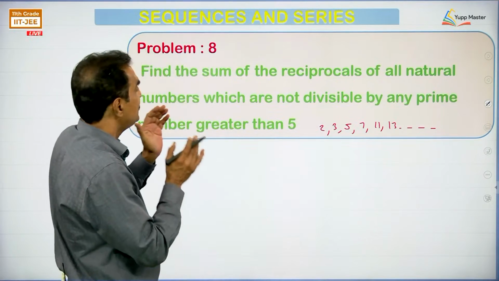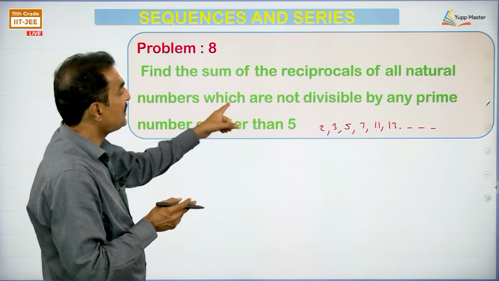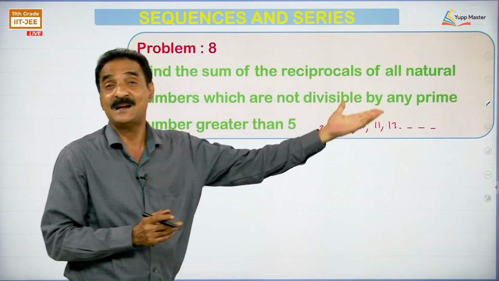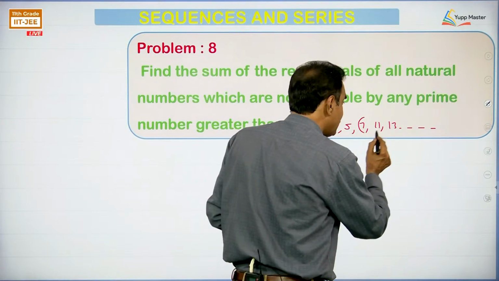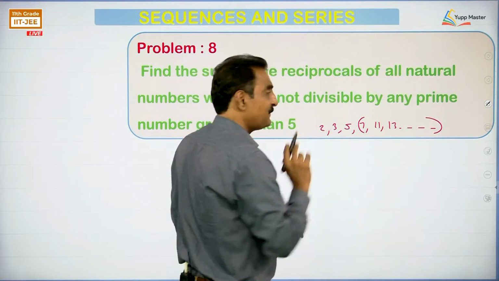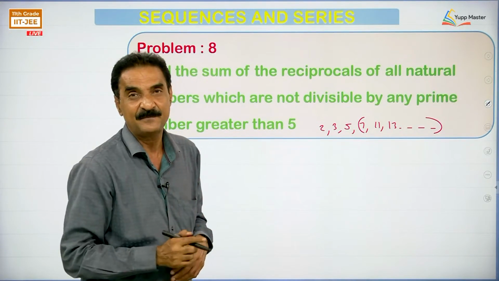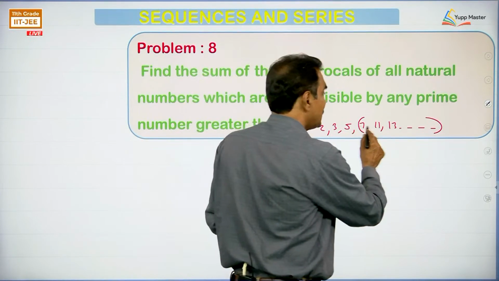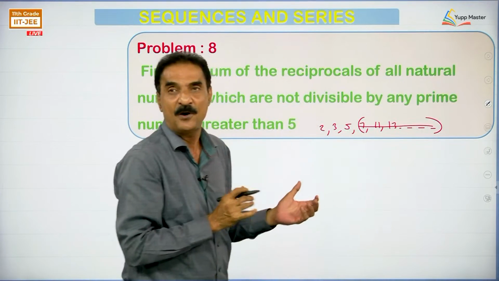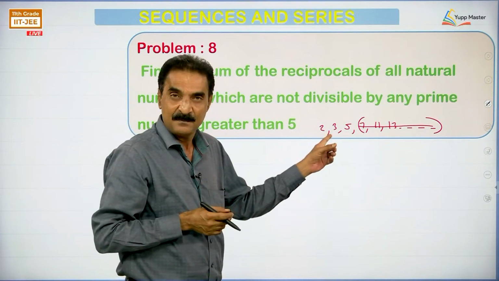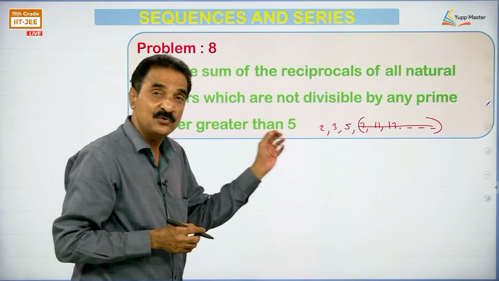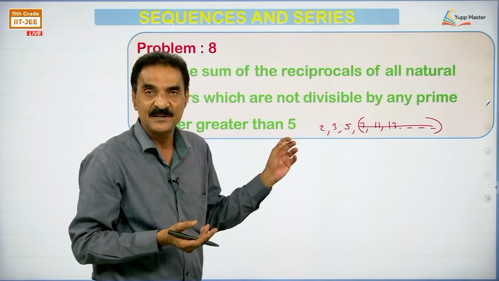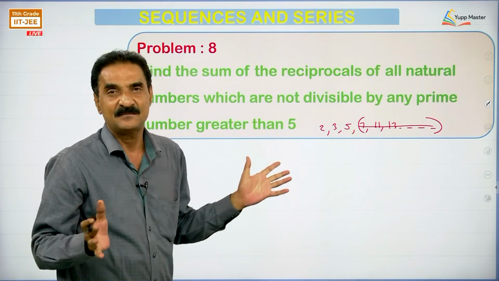But here that number is not divisible by any prime number greater than 5. That means we should not multiply with any prime number greater than 5. That means the natural number should be formed using the prime numbers 2, 3 and 5 only. How many 2s you will take, how many 3s you will take, how many 5s, that does not matter.